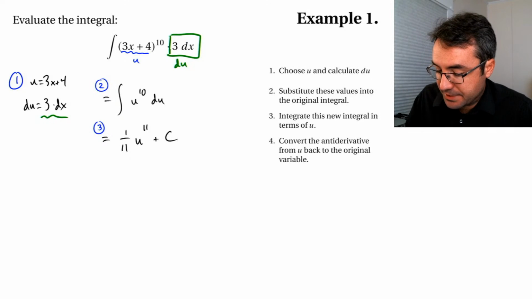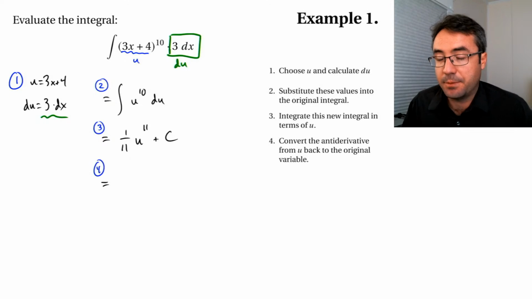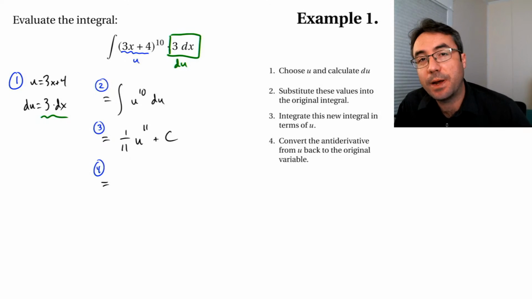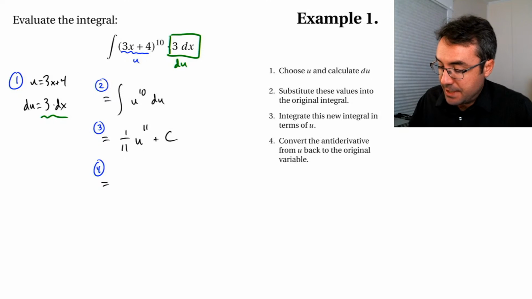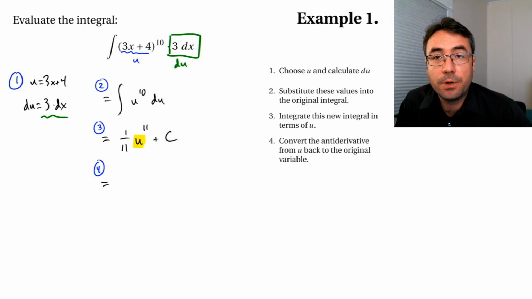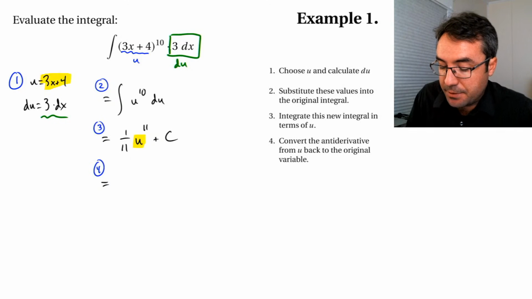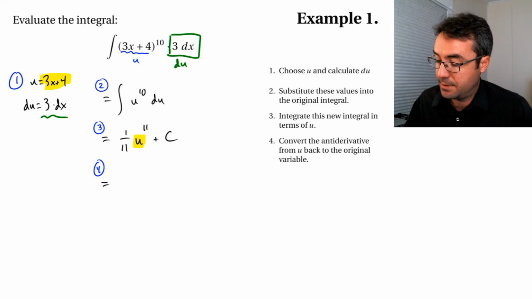The very final step is to convert back to our original variable. We started with x, so we want to convert back to x. Wherever we see a u in our antiderivative, we plug in 3x + 4.